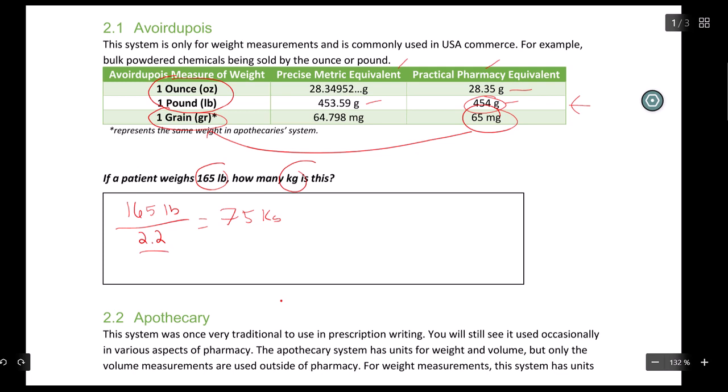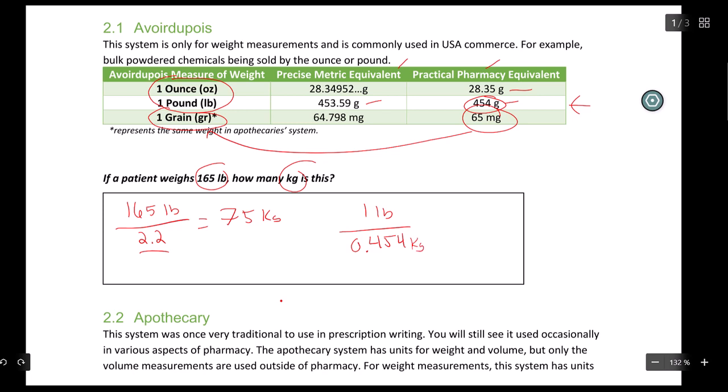Now, where does this 2.2 come from, and why do you need to know it very quickly? We have the fact that 1 pound is equal to 454 grams. If I take 454 grams and convert it to kilograms, it would be 1 pound is 0.454 kilograms.